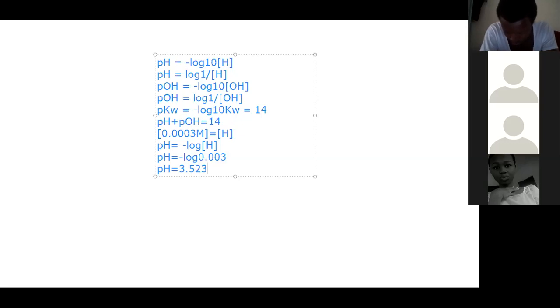Okay, so let's try and do some. What is the hydrogen ion concentration of a solution whose pOH is 11.5?